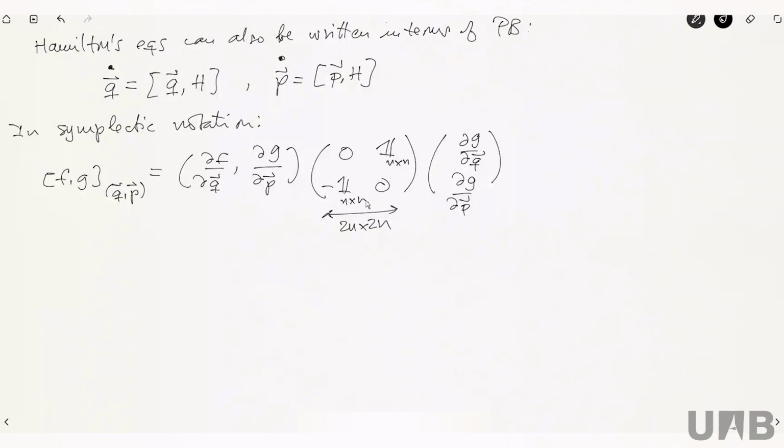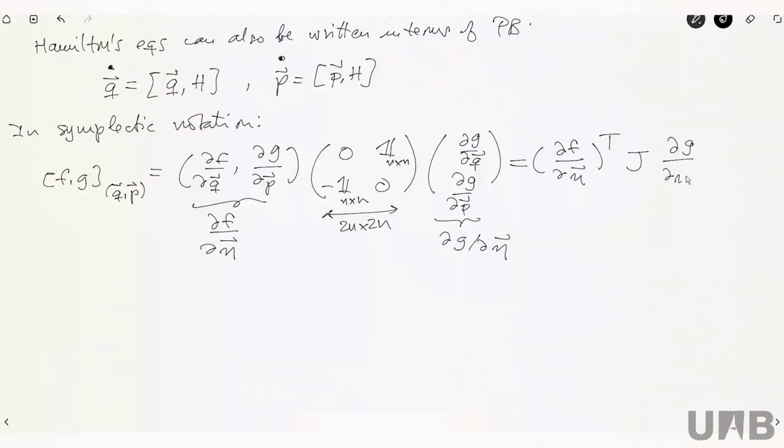Now this in symplectic notation, remember this was partial of F with respect to eta, and this is partial of G with respect to eta. Eta is a vector that contains Q's and P's altogether. So this can be written as partial of F with respect to eta transpose, because it's a row, times J, this is our famous matrix J, times partial of G with respect to eta.